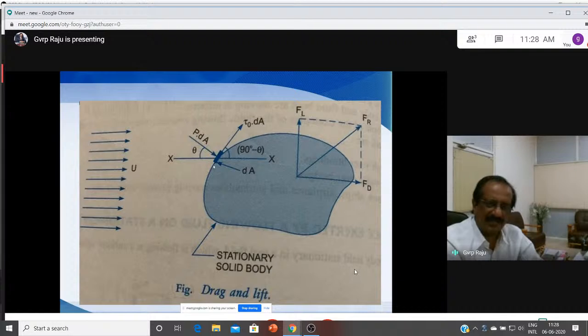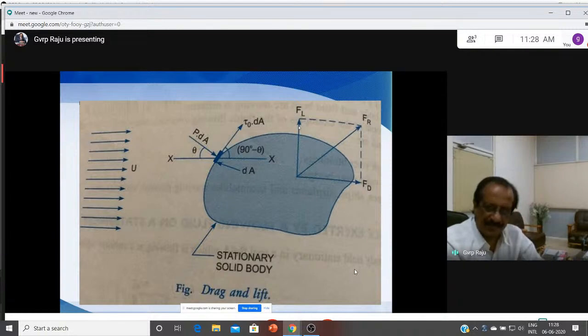But if you see here, this is acting in the downward direction. So take positive sign in the upward direction. So now it is P dA, and the angle is sin theta, so minus P dA sin theta.